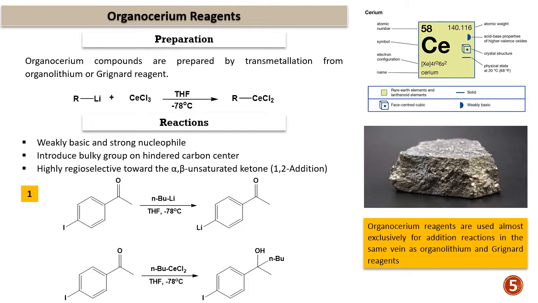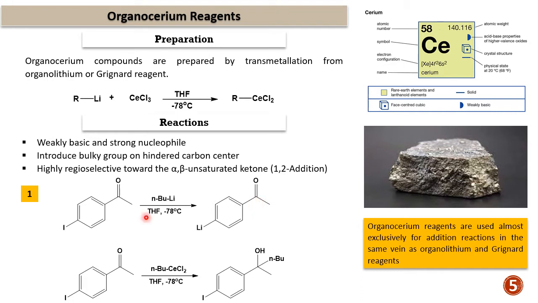Let's have a look at an example first. When we treat this starting material with n-butyllithium in the presence of THF at -78 degrees Celsius, we will get this compound.